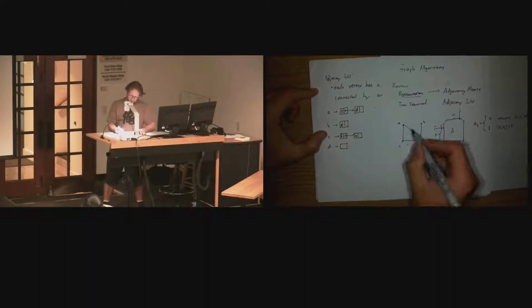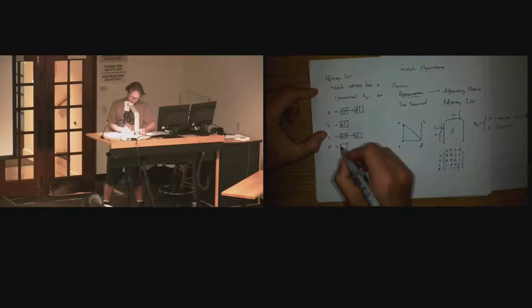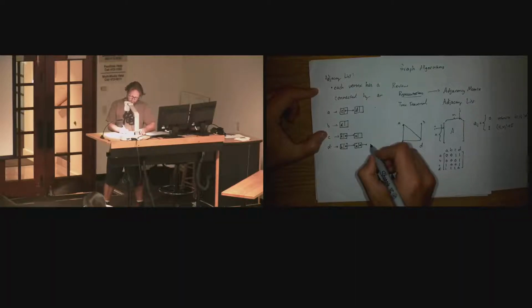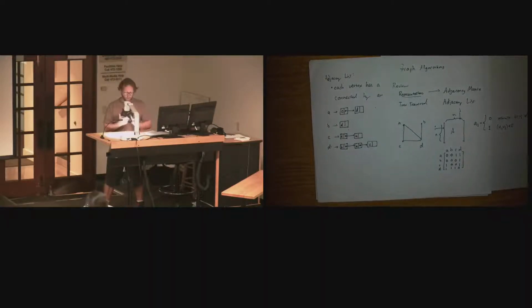D is connected to A, B, and C. So let's go ahead and go B, then to A, then to C. Again, no additional information unless you impose it on the ordering of those linked lists.